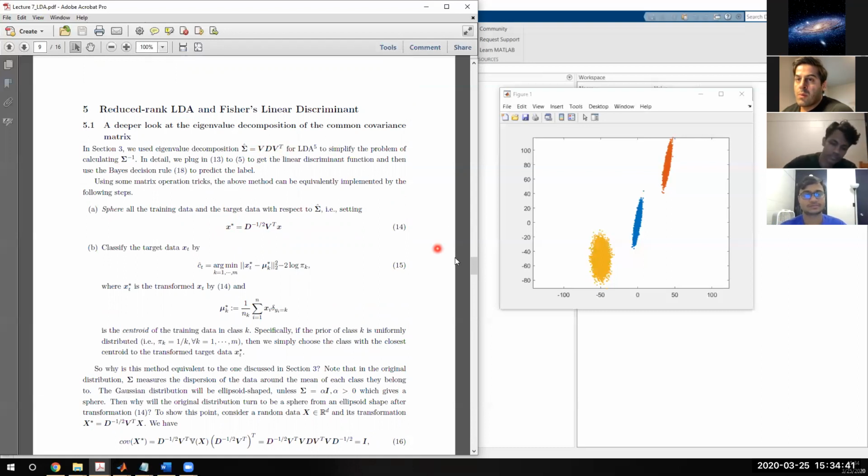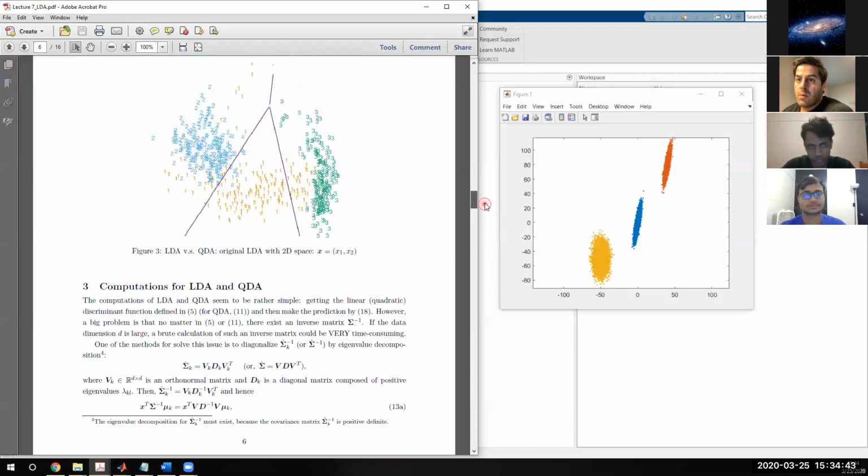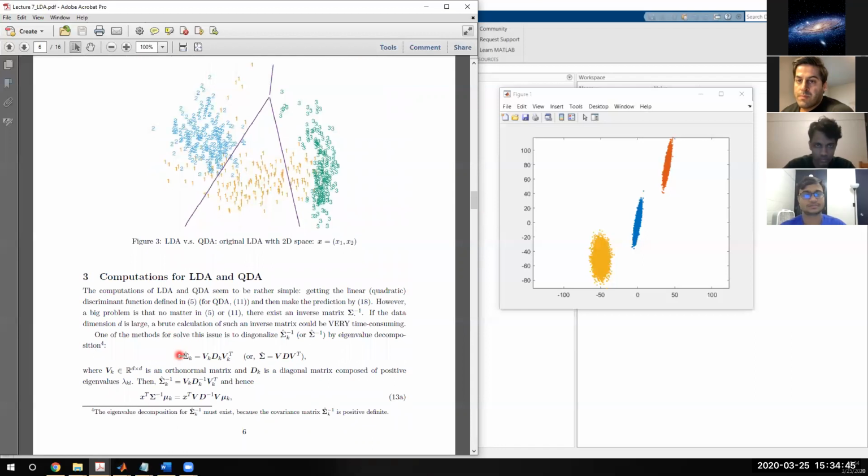Because it's a traditional LDA, I don't have a k, so I directly have sigma hat equals V D V transpose. This V is a unitary, or let's say orthonormal, matrix representing the space spanned by the eigenvectors. This D is a diagonal matrix indicating the eigenvalues. Clear?